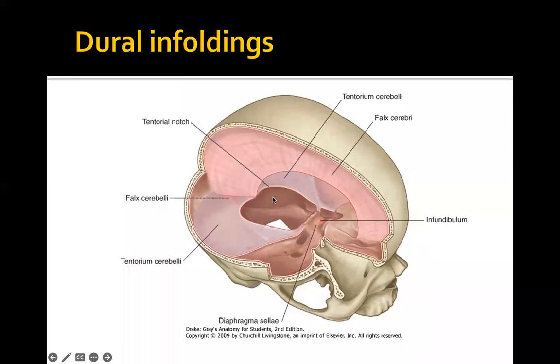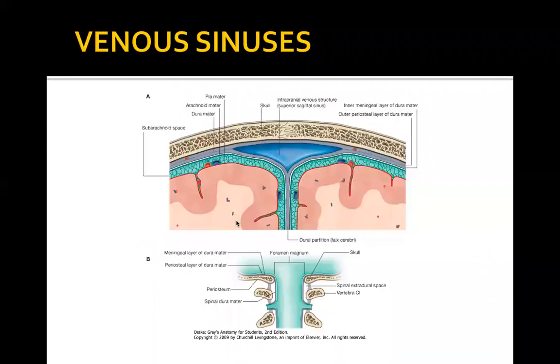So the cerebellum will be lying within the posterior cranial fossa there, and then it will be covered at the top, or separated from the cerebral hemisphere, especially the occipital lobe portion. All right, so this is also worth noting.